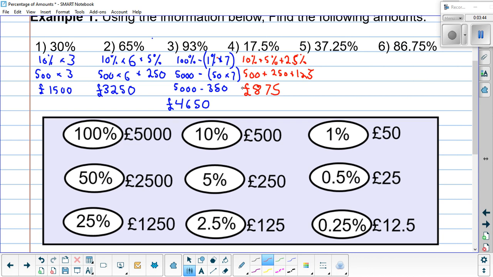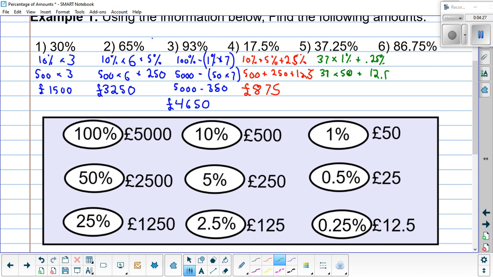Looking at the next one, 37.25. There are different ways we can make this, whichever way you think is the easiest. I'm going to try this: 37 times by 1%, and then plus 0.25%. So that's 37 times by 50, plus 0.25%, which is 12.5. 100 times by 37 is 370.